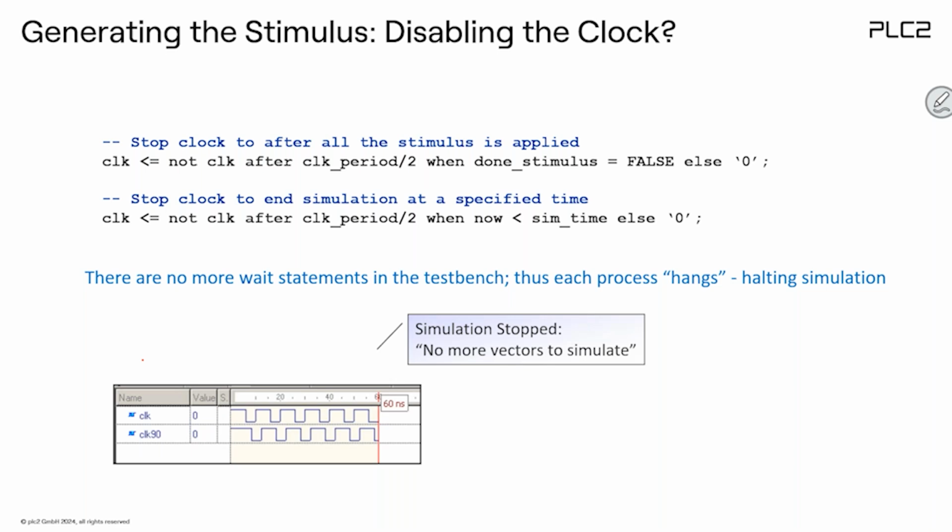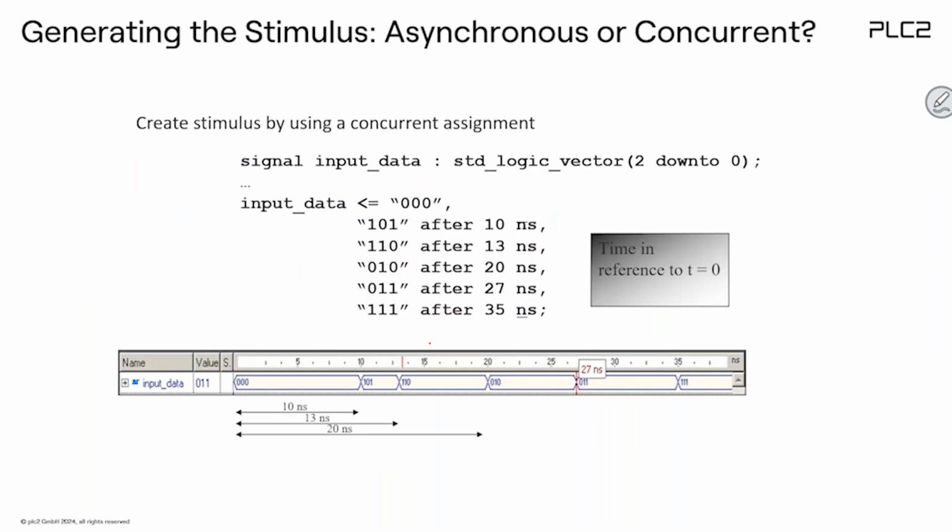If you stop the clock, the simulation tool will tell you there are no more vectors to simulate, because all the processes usually are triggered with a clock. So everything is done, I have no input vectors to stimulate, so I stop. That would sometimes be very interesting for you.